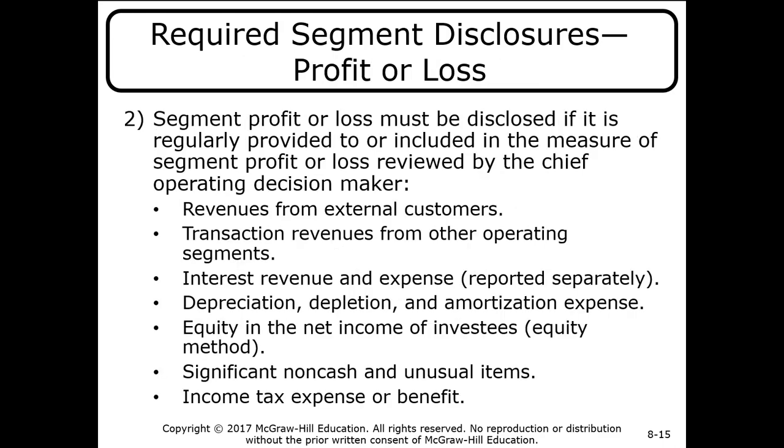And then you need to determine revenue from external customers, other transactional internal revenue being generated, interest revenue and expenses, depreciation, depletion, and amortization, equity and net income of investees. In other words, if any one of these individual segments has a subsidiary, then you need to disclose what that income is, any non-cash or unusual items, and then the income tax expense or benefit.